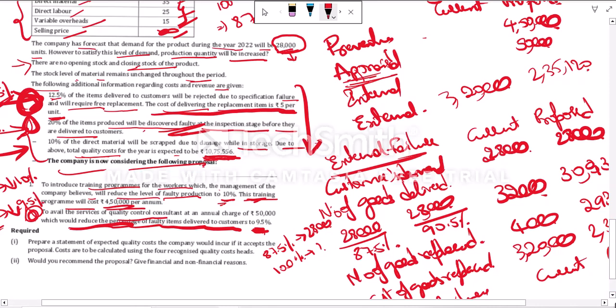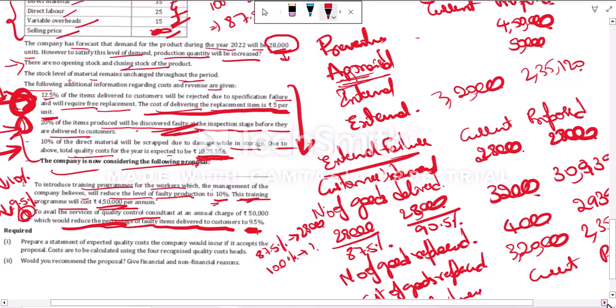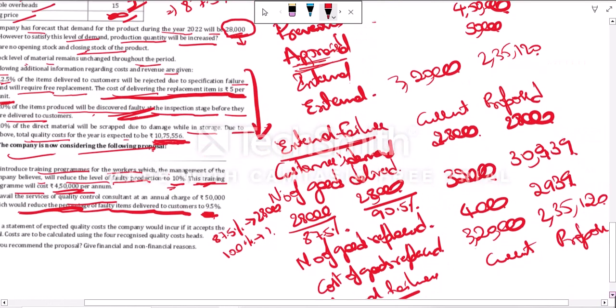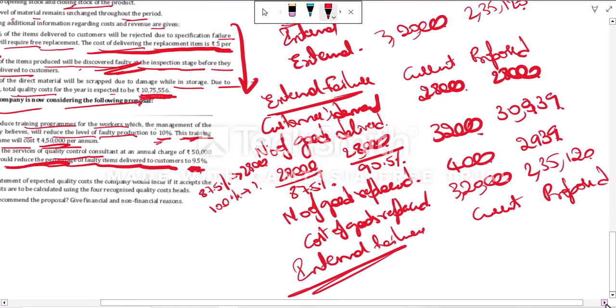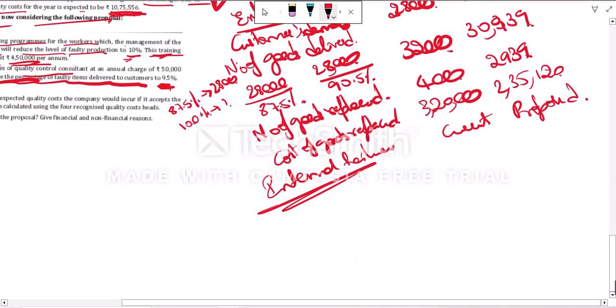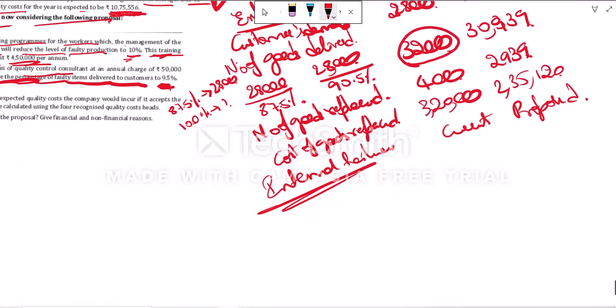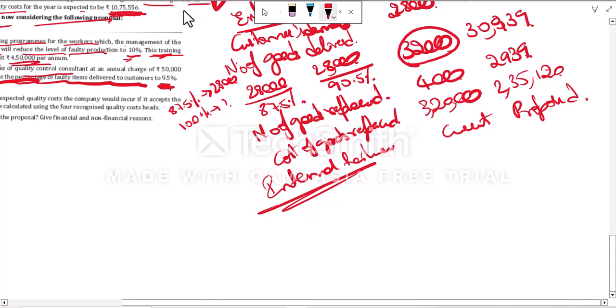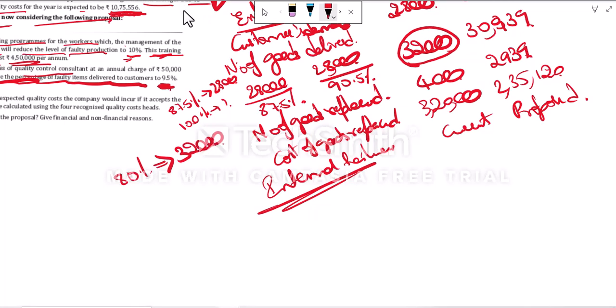So how many goods are produced first of all? 32,000 goods are delivered. This is 80% only. 80% equals 32,000. Why is it 80%? Because another 20% is found faulty while they produce goods.